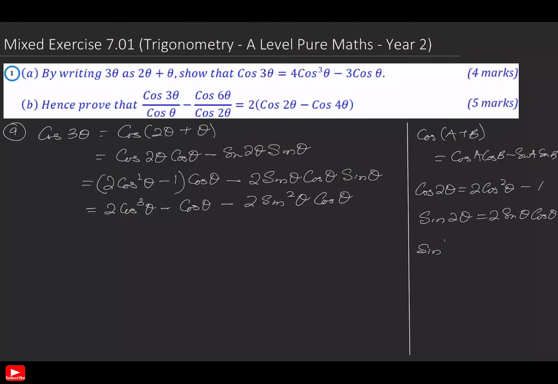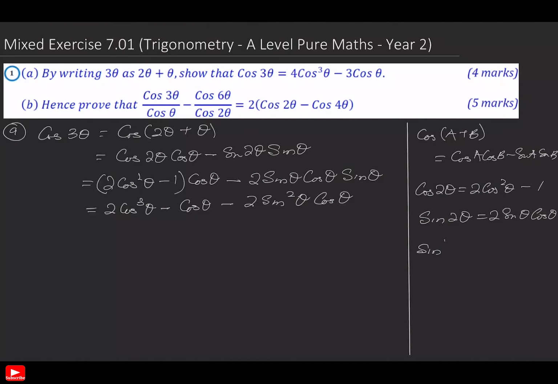We now expand this one here to get the following. So this will remain the same, 2 cos cube theta minus cos theta. Then if I expand this one here, I'm going to get minus 2 cos theta, and then this times that will be plus 2 cos cube theta.